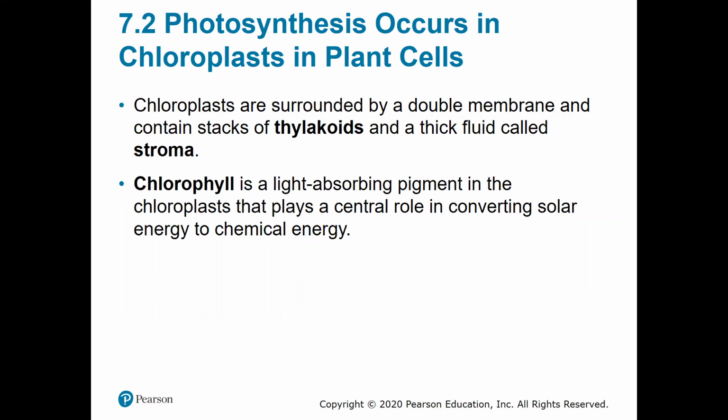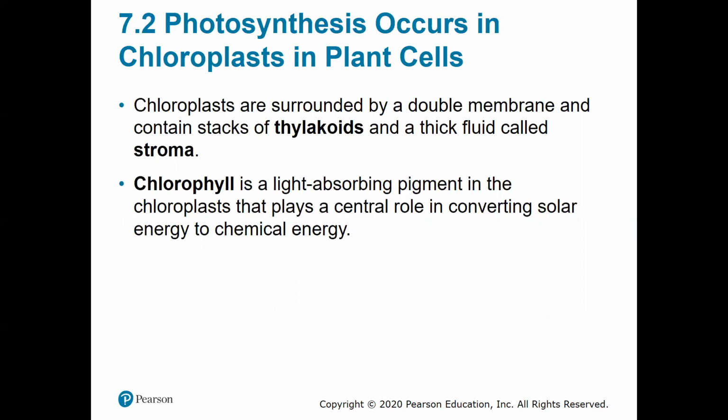So photosynthesis occurs in the chloroplasts of plant cells. Chloroplasts are surrounded by a double membrane, very similar to mitochondria. However, they contain stacks of what we call thylakoids and a thick fluid called the stroma. Chlorophyll is the light-absorbing pigment in the chloroplasts, and it plays a central role in converting solar energy to chemical energy.